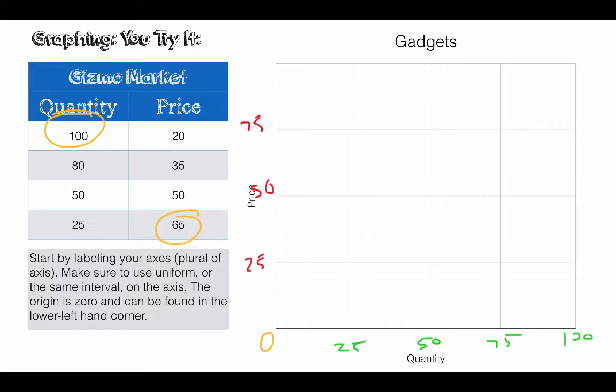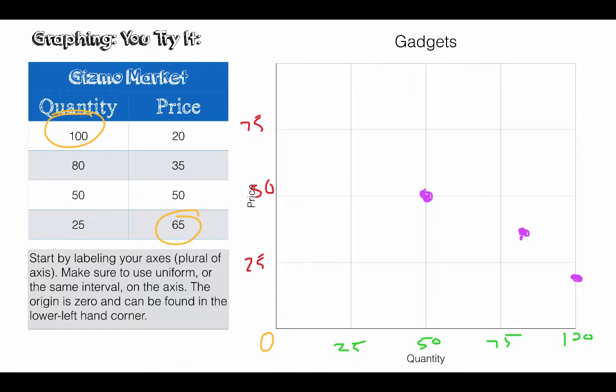I'm going to plot in purple right now. At a price of $20, I have a quantity of 100, which is right about there. At a price of $35, I have a quantity of 80, which is probably right about there. At a price of 50, I'm going to have 50, which is going to fall right on that dot there.